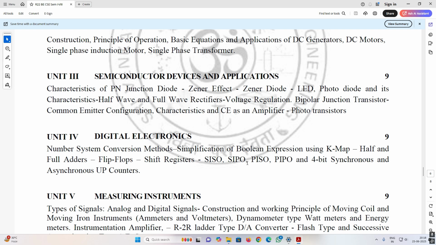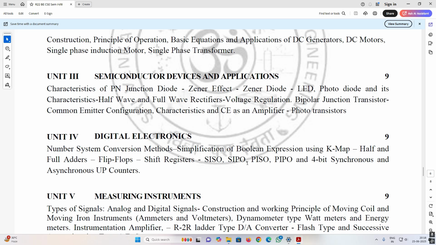Your computer is digital, your laptop is digital, your tab is digital. Likewise, the entire world has become digital. So this digital electronics is a very important and very basic subject.